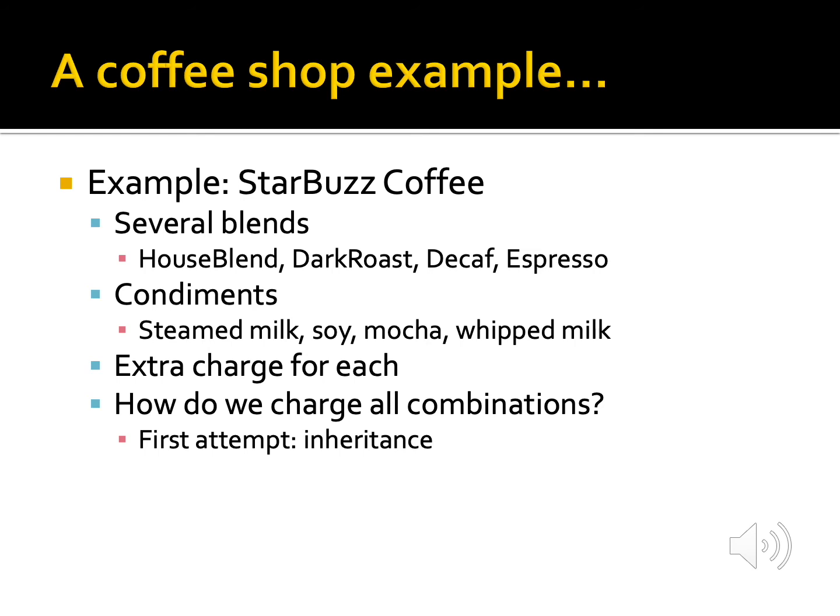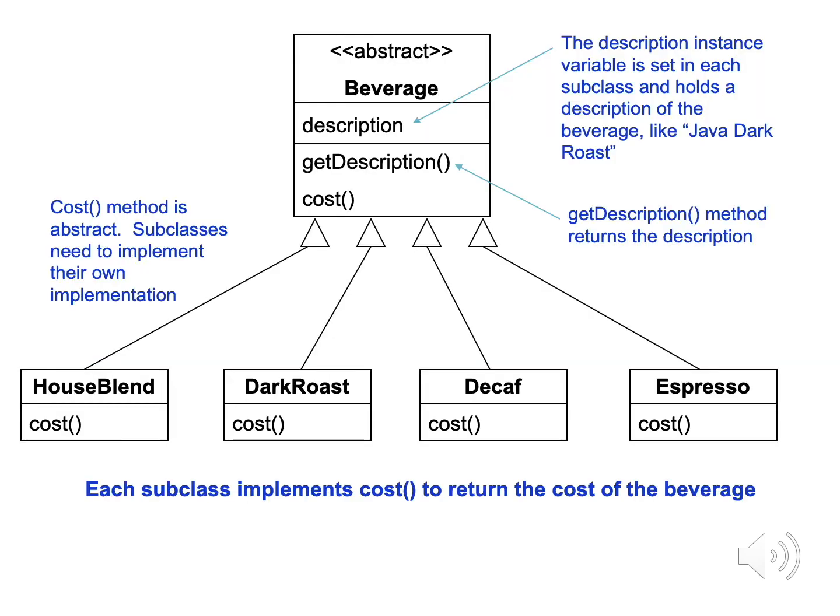The first solution which may come to your mind is inheritance. With inheritance, you might take a main beverage interface to represent all the flavors or blends of coffee, and all the flavors and blends will be the subclasses or concrete classes of this beverage class.